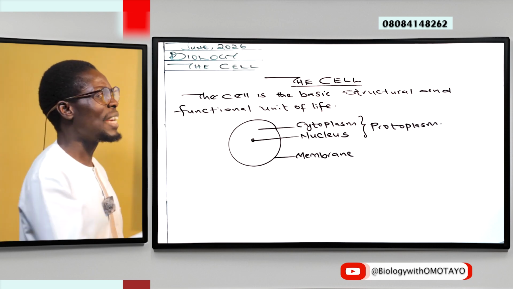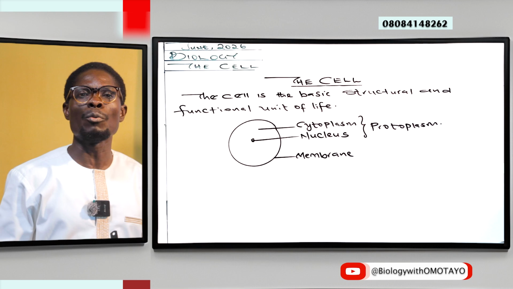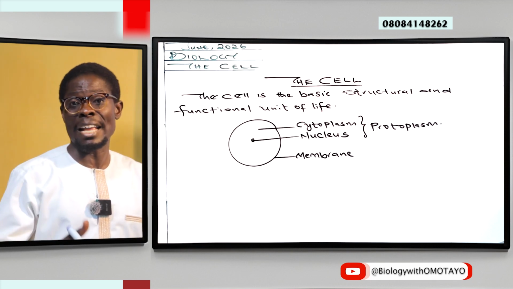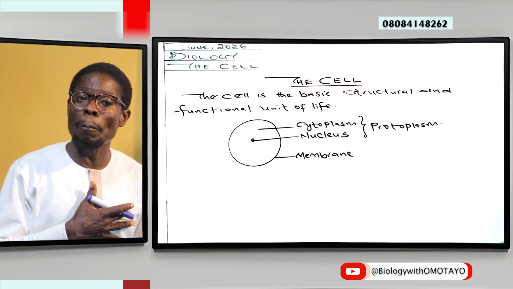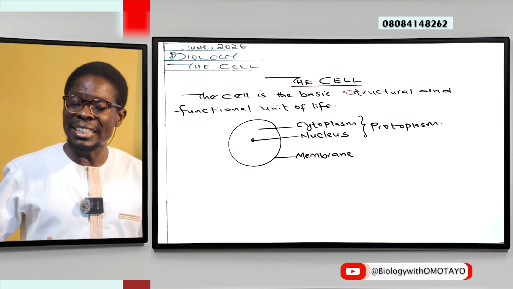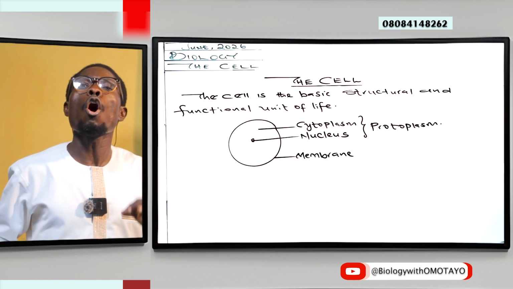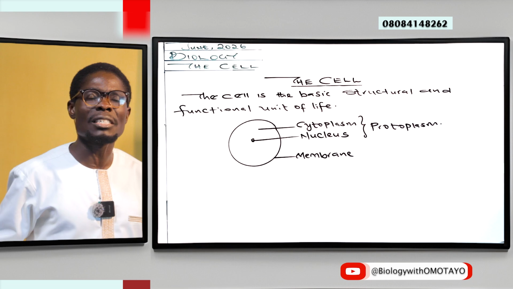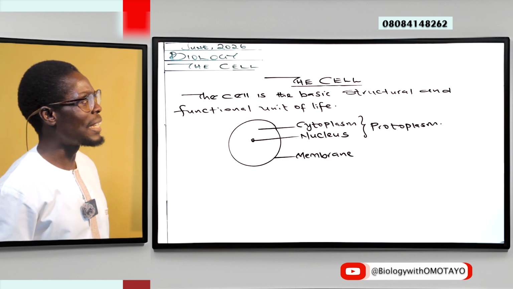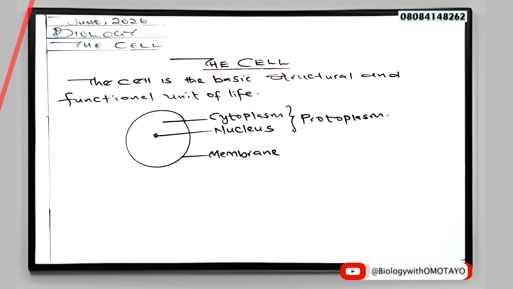And then we have a cytoplasm, the region around the nucleus, where we have several other organelles suspended. Just like in living organisms, we have different components called organs that make up an organism. In the same vein, cells have different components called organelles. These organelles are suspended in the cytoplasm, and then all these are encased by a membrane.